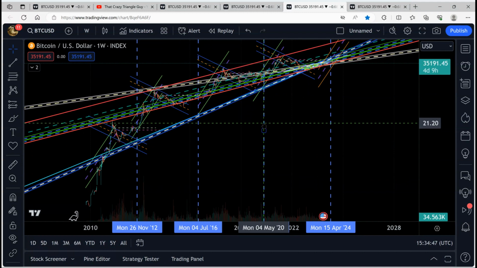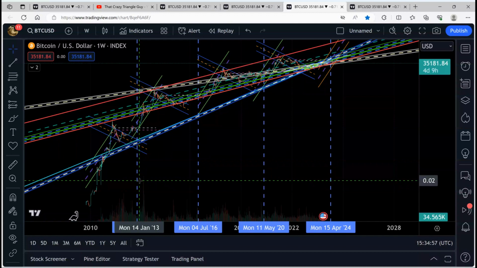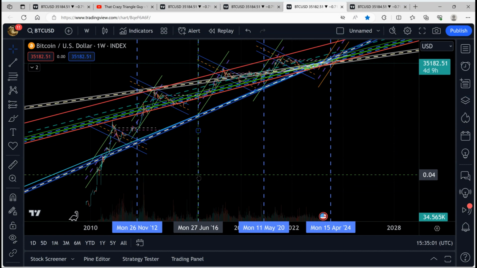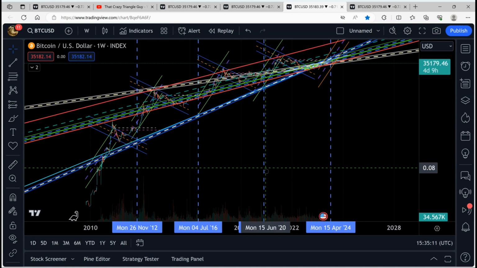You'll hear a lot of people talking about the 4 year cycle. It's not a 4 year cycle if it's based on the halving events. This one happened in December 2012, this one happened in June of 2016. Doesn't take a genius to figure out that's not 4 years. It's almost 3.5 years.